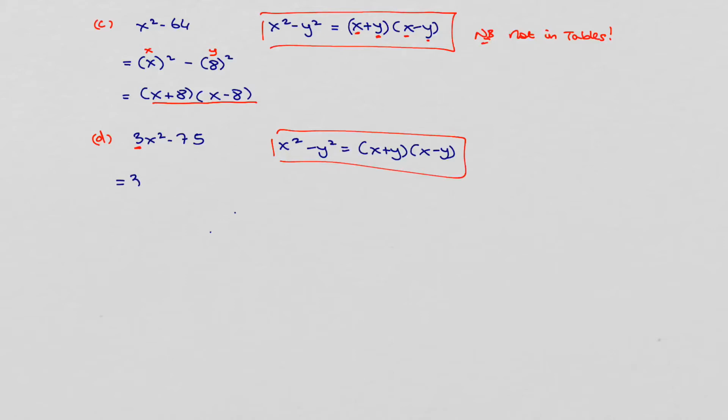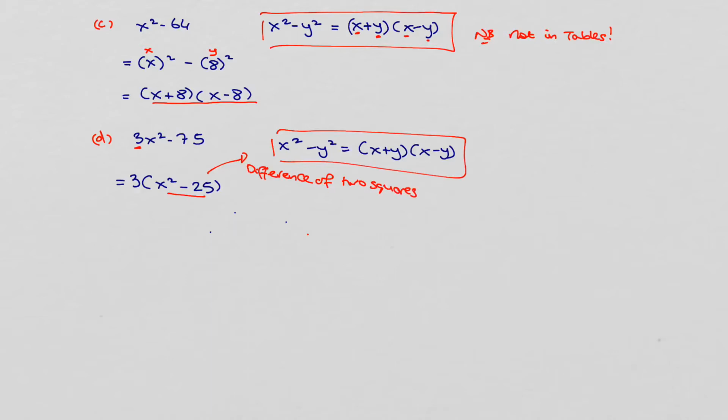So if I take out 3 as being common there, that leaves me with x squared minus 25. And now what you'll notice is inside the brackets is, of course, our difference of two squares. And we can proceed like we did in C.